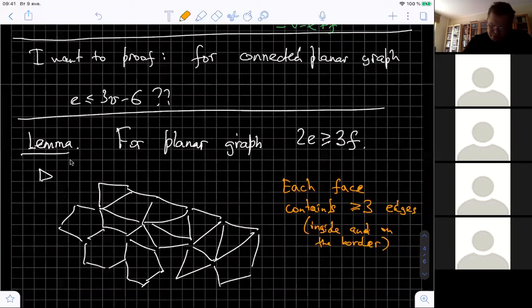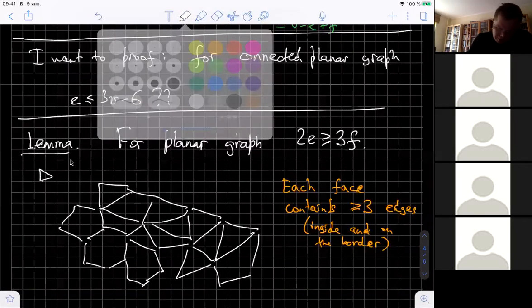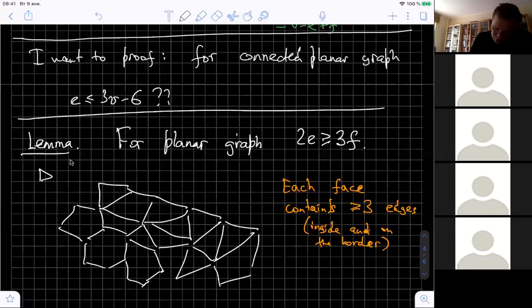So we need to assume that this is a planar graph with at least 3 edges, because each face contains 3 or more edges.